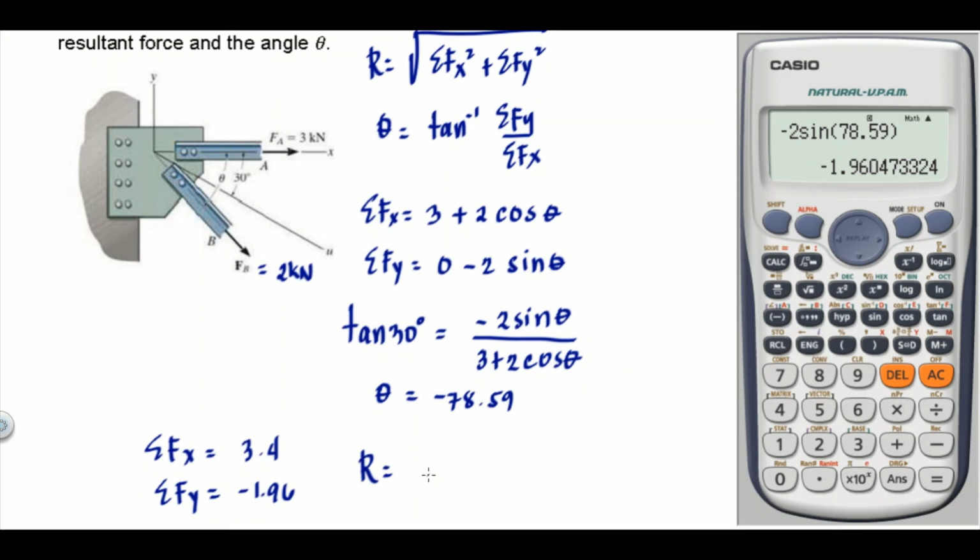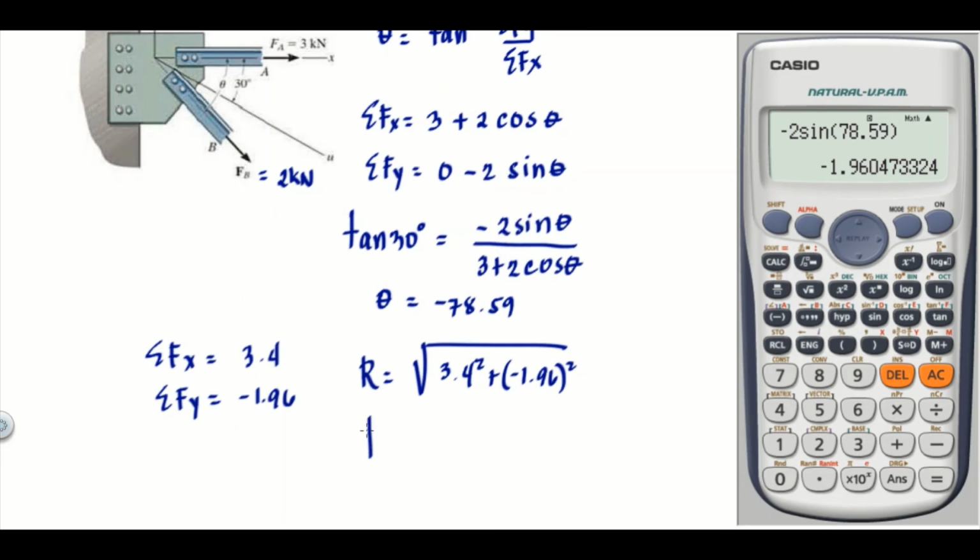So, R is equal to the square root of 3.4 squared plus minus 1.96 squared, equals 3.92 kilonewton. So, this is the answer.